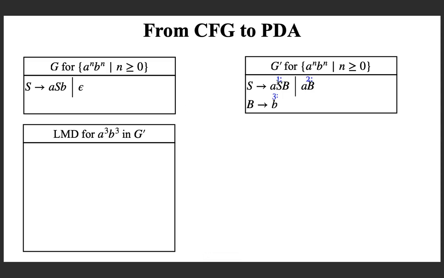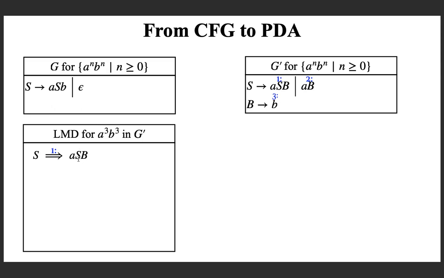Number the productions 1, 2 and 3: two productions are there for the symbol capital S, one with this RHS and the other with this RHS, and a production for B. You start your derivation with the start symbol, and suppose I apply production number 1, this is what I get.